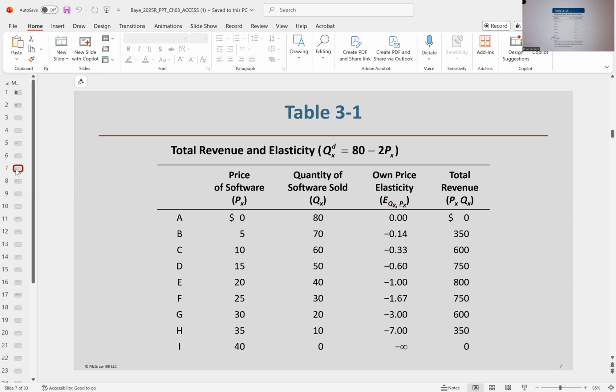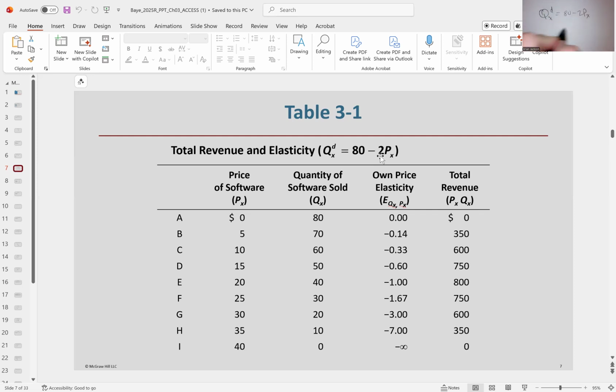Okay, so here we have quantity demanded, here's the demand function, 80 minus 2p of x. You should be able to plot that, by the way. Okay, this demand curve you see here. That should be easy enough. When they say quantity demanded of x is equal to 80 minus 2p of x. Okay.